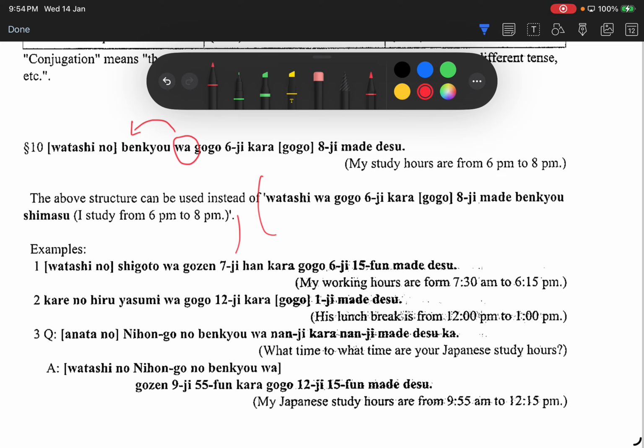Verb, to study, that means I am doing the action of studying. So the difference between these two sentences, if you can see the translation, my study hours are. But it doesn't mean that I'm studying right now. I'm just telling you my study hours are from this time to this time. Versus I study from 6 to 8, right? That means I'm telling you, between these two timings, I will be executing this action called studying. It's a verb. And I will be doing this verb.